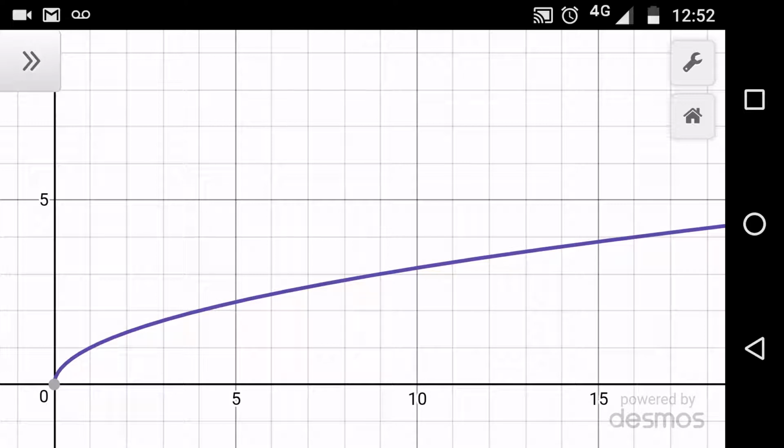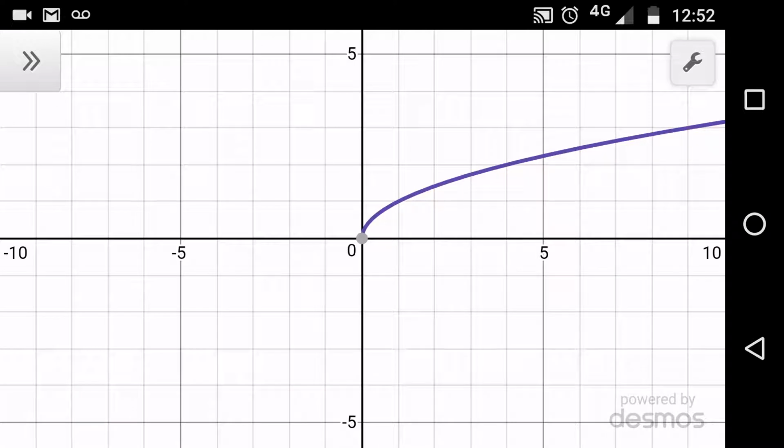For x equals 9 you get y equals 3, and so on. Y grows as the square root of x. So that's your radical function over there.